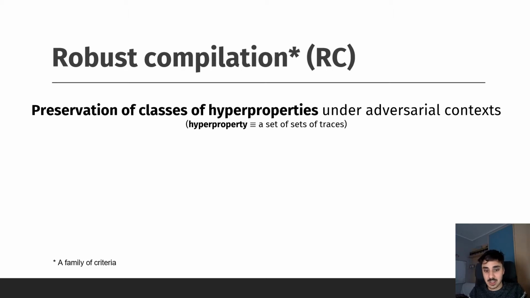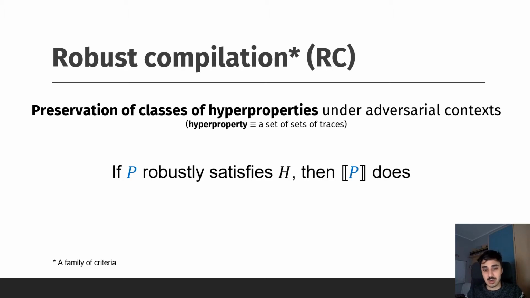More precisely, robust compilation in our setting prescribes that if a source program P robustly satisfies a hyperproperty H, meaning that it satisfies it under any context, then its compiled version satisfies the very same hyperproperty H in an arbitrary target context.